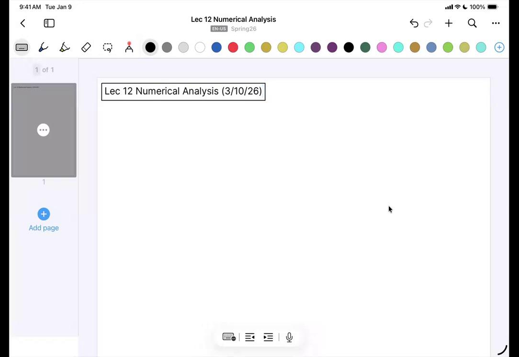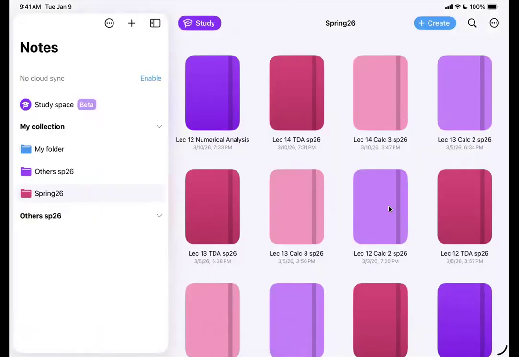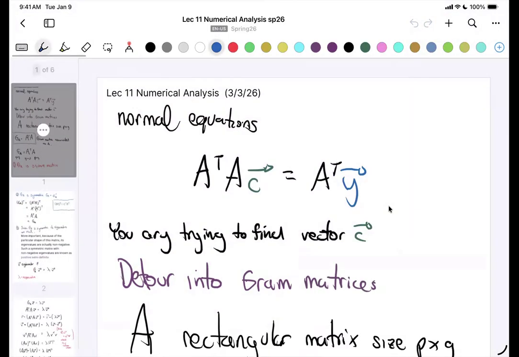So, just to remind you where we were, because unfortunately I was sick last time, so we didn't meet last Thursday. Basically, we were trying to find the polynomial of a given degree that's closest to some data points.